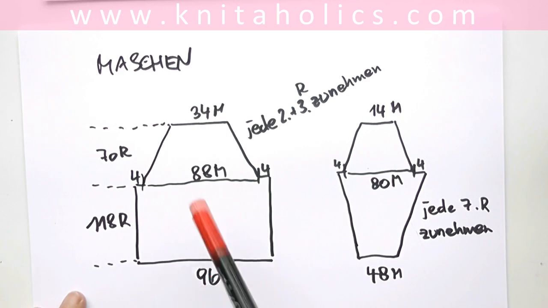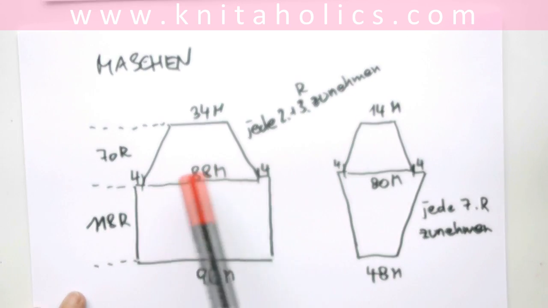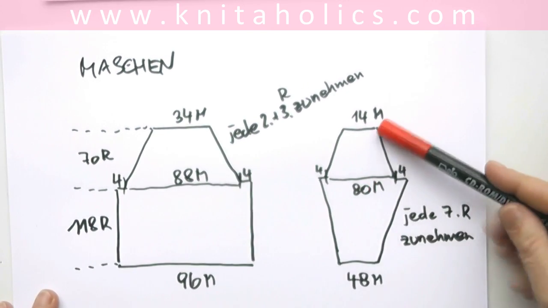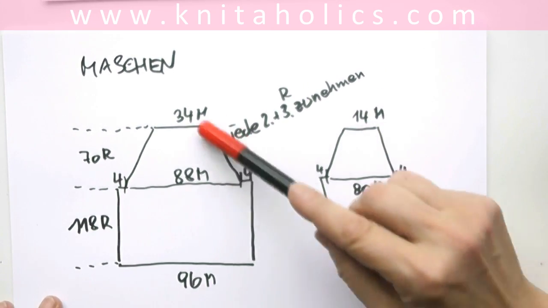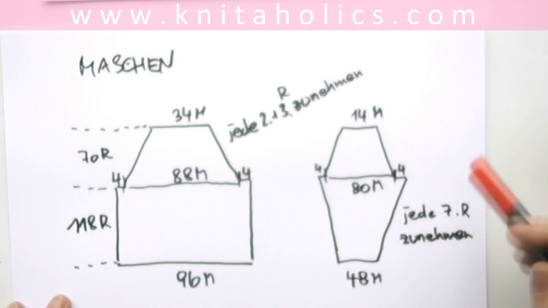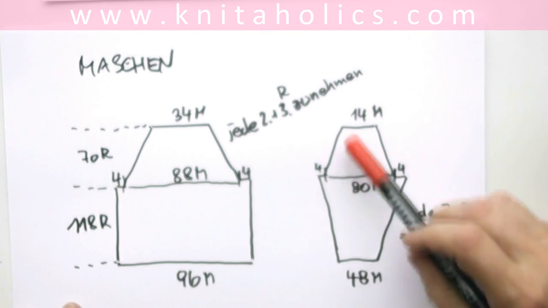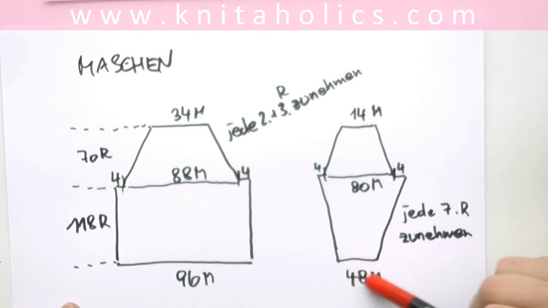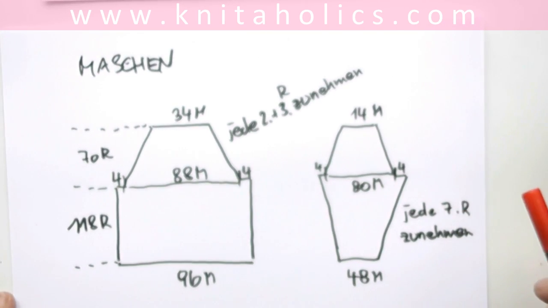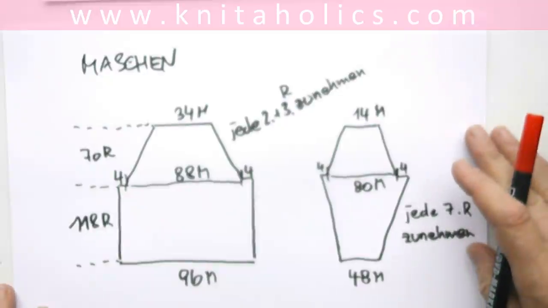And here we have the hip measurement, and we increase another 4 stitches under the armpit for a good fit. So this is our schedule, this is our map, how we will work.